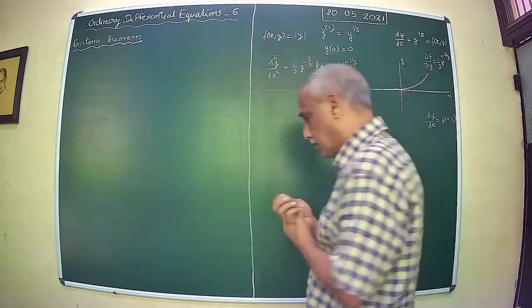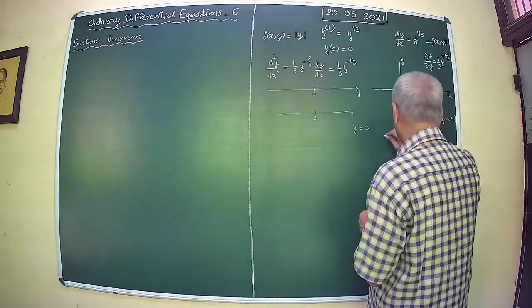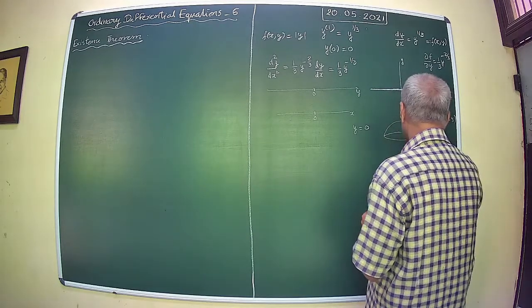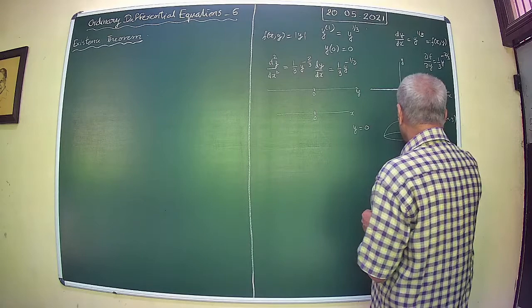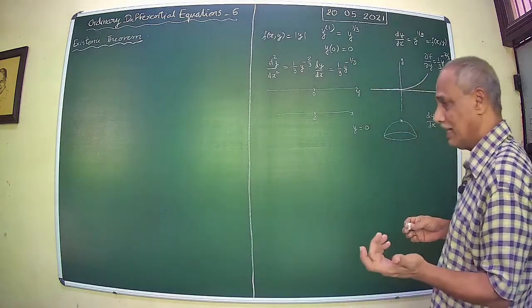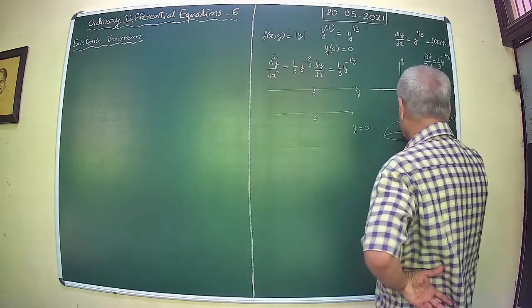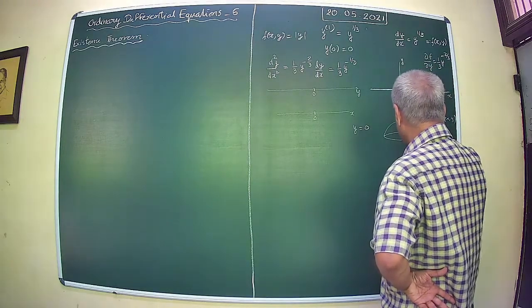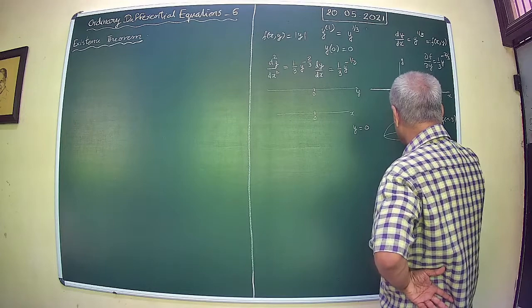I'll just give an example. You would have seen a coconut shell on a surface like this. We'll discuss it later when we work with stability also. Suppose you balance a marble here. It is possible to do it, there is no difficulty.